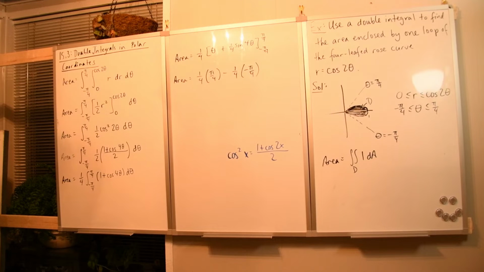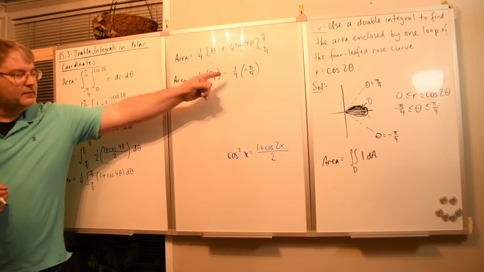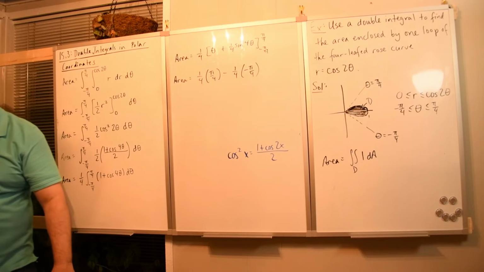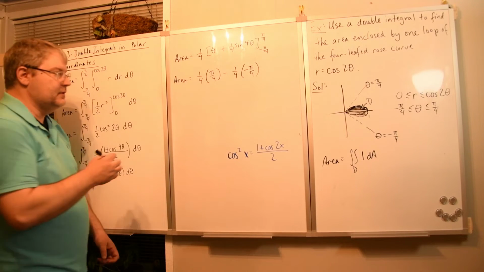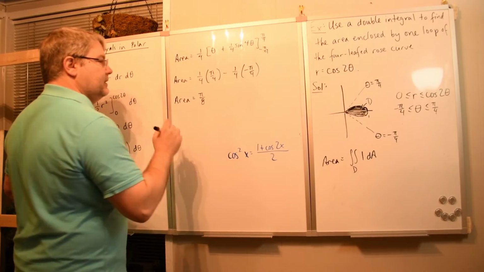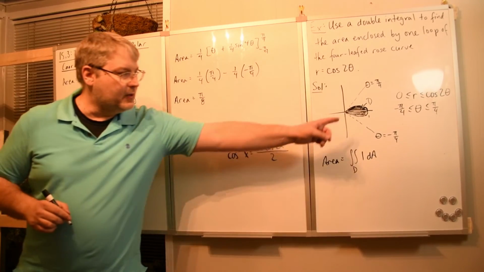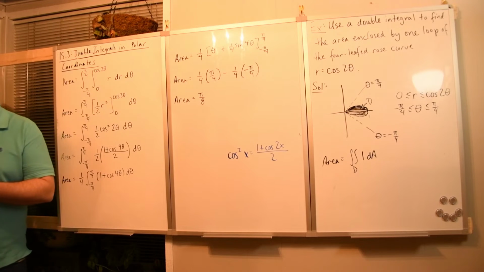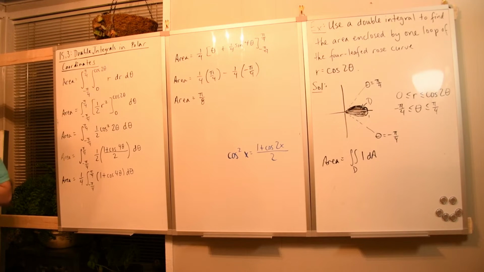Well, with that in mind, you'll get a pi over 16 plus a pi over 16. And if you add those together, you get 2 pi over 16, same thing as pi over 8. So that is the area enclosed by one loop of this rose curve r equals cosine 2 theta.